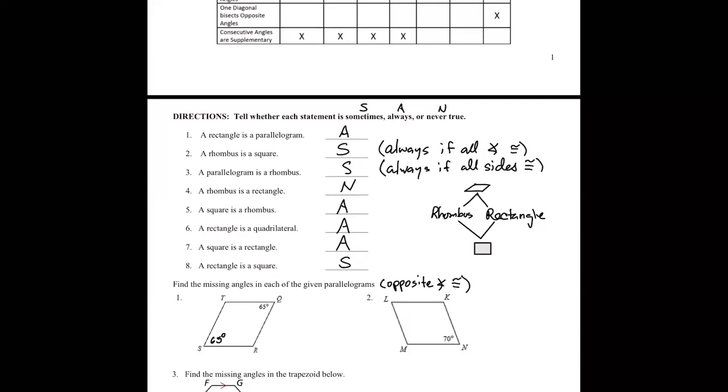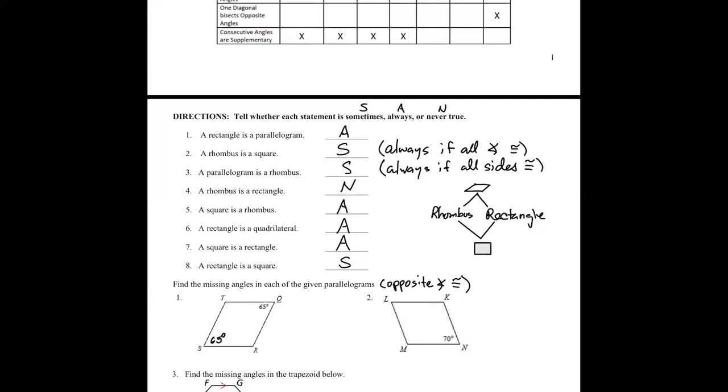That's useful information. Other pieces of information that are useful, all on the table above, is that consecutive angles are supplementary, but that's probably the trickiest one to remember. If you think about, and this goes way back to the first class, in a quadrilateral, all angles add to 360 degrees.